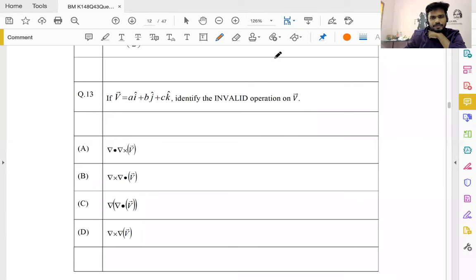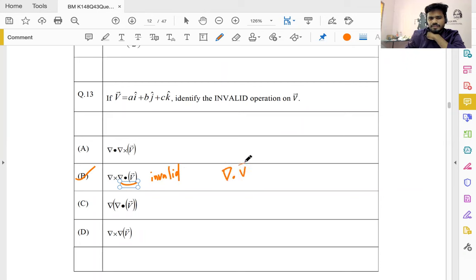You are given a vector and you want to find the invalid operation. So curl of a vector will be a vector. You can take divergence of that. Divergence of a vector is a scalar. You cannot do curl of that. You can only do curl of a vector. Invalid.